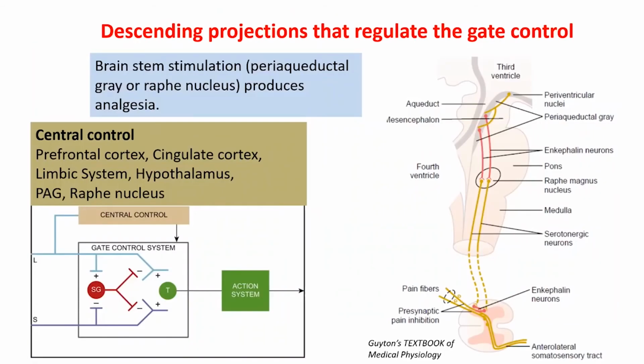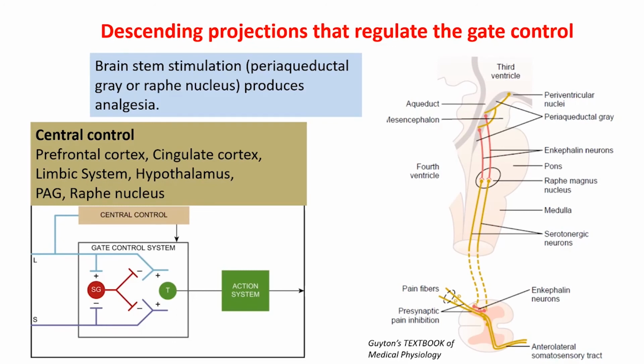Now, just trying to summarize the descending projections that regulate gate control theory. You can see on the other side you have the periaqueductal gray, with the periventricular area wherein a large amount of enkephalins are released when you are stimulating it, and also whenever the pain is ascending; they are all enkephalinergic nerves.